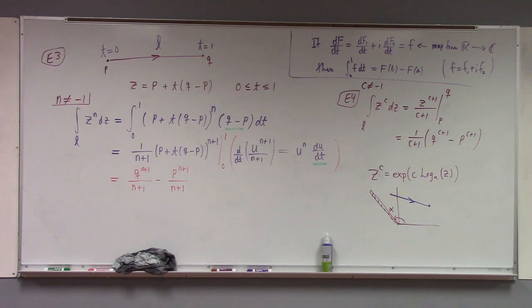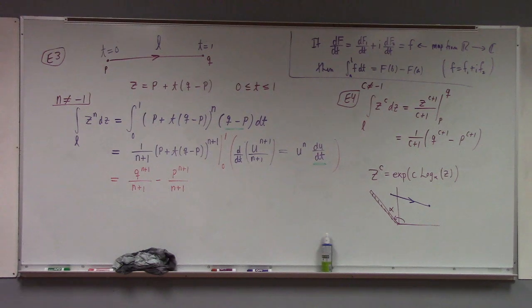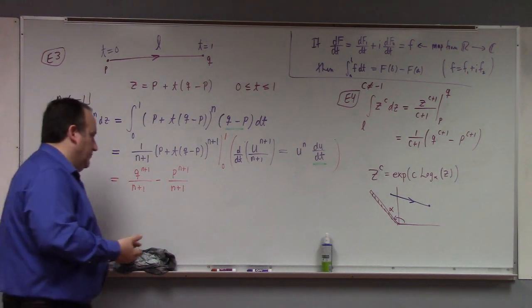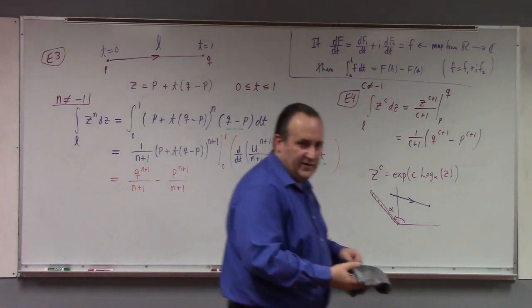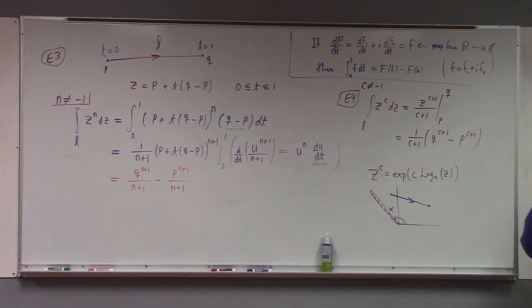All right, so up to now we've just looked at curves that are parameterized by a single path, right? But not every path can have a single parameterization. So I defined the complex integral for a smooth path, but there's a natural extension to piecewise smooth paths.